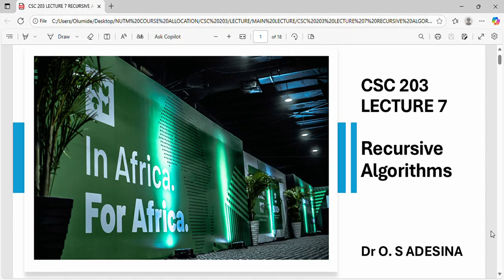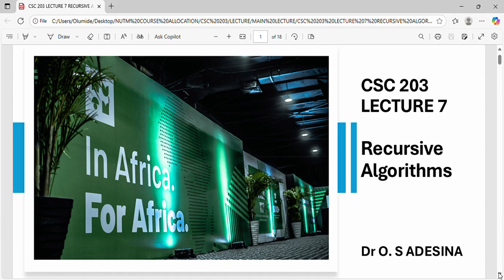Good day, class. This morning we'll be talking about recursive algorithms. Previously we talked about mathematical induction and recursive induction, and we know that the induction hypothesis requires three steps.